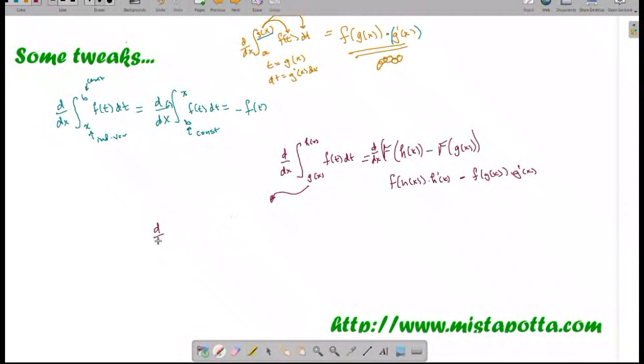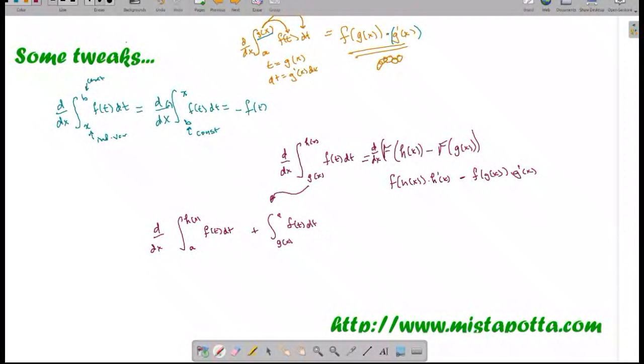I could imagine that this is the derivative of the integral from a to h of x of f of t dt plus the integral from g of x to a of f of t dt.